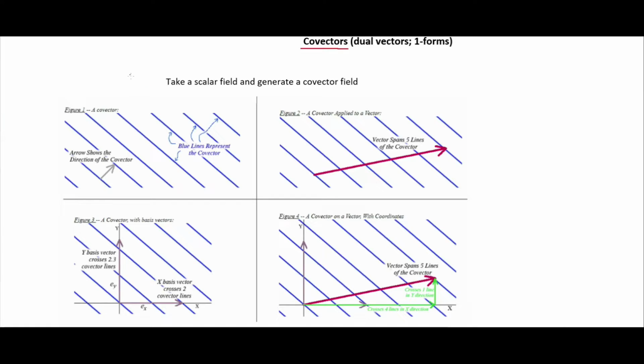And so with covectors, what we actually have is, these blue lines are the covectors, and so they have a direction which would be represented by this arrow, for instance. And so it's kind of like a field. In fact, if you've heard of covectors, you've probably heard that covectors are often the gradient. So the gradient of some function is often thought to be the covector.